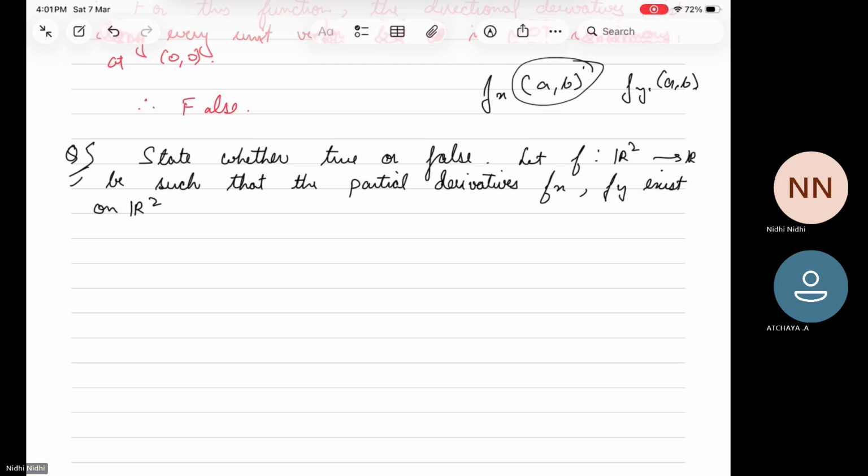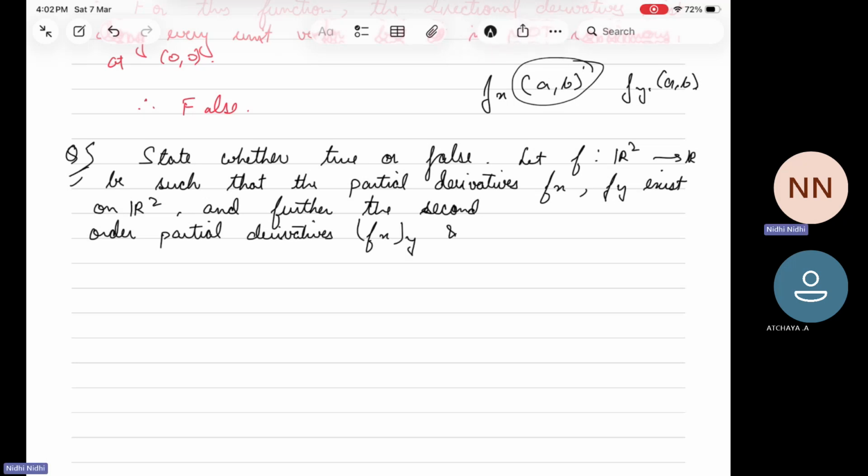Further, the second order partial derivatives fxy and fyx also exist on R2 for all (a, b) in R2.